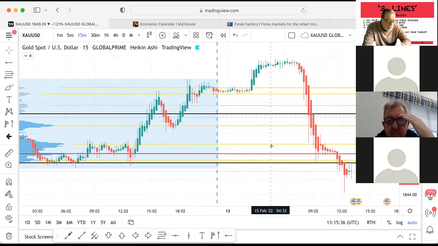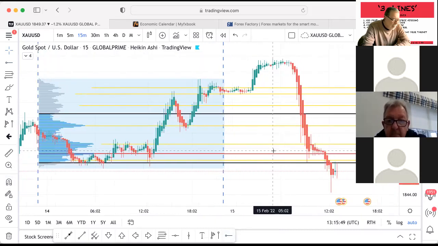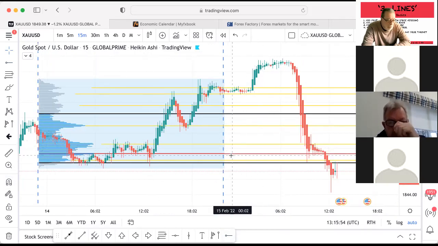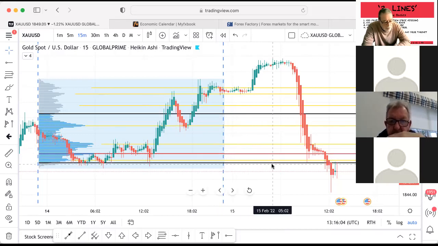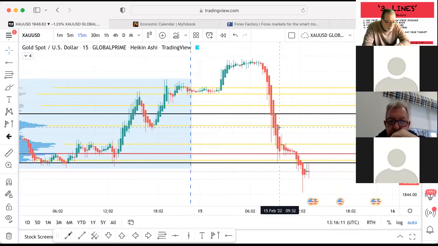So we've got the 3 lines, and the area between the 2 black lines is what we call the value area. So that's value area high, value area low, and the POC. Our POC you can regard as your target. There are many days when price will start off around about the top area there or the bottom area, and will go to the POC and possibly bounce off and then go through it and up to there and then back again, and it bounces around on some days, not every day.